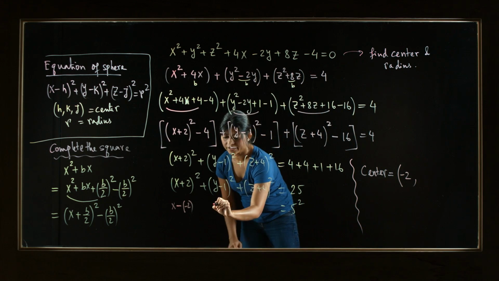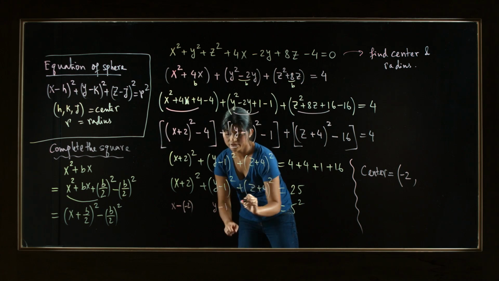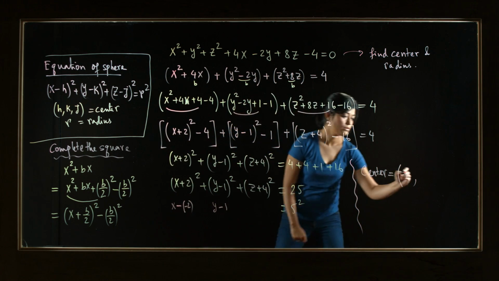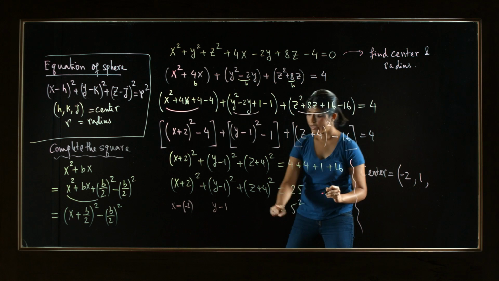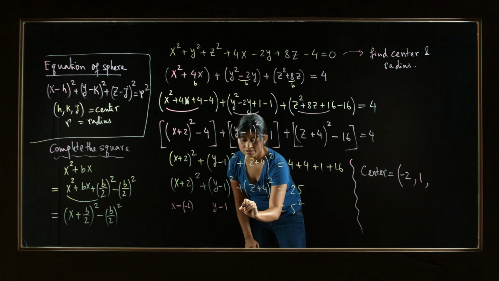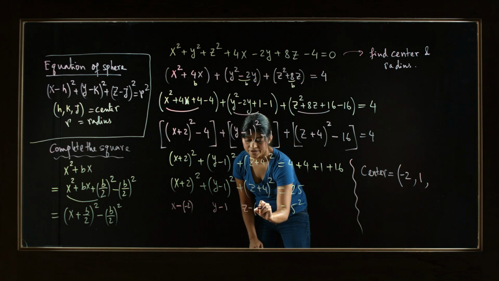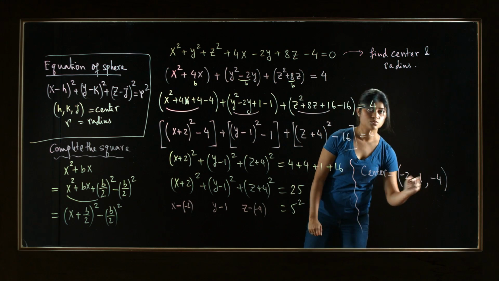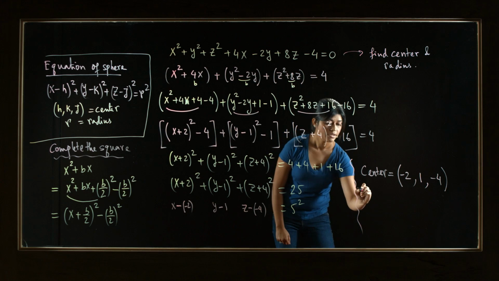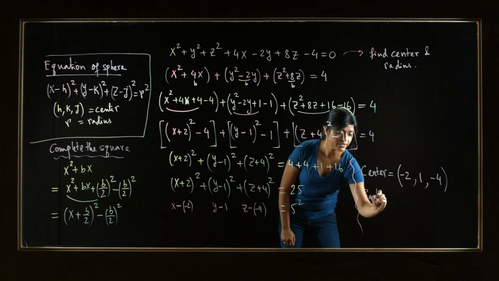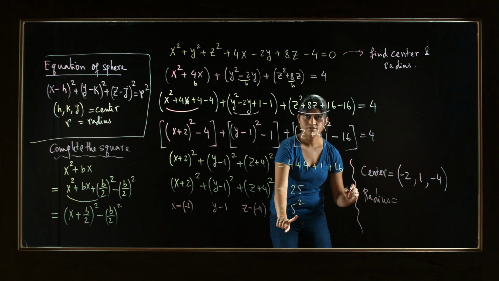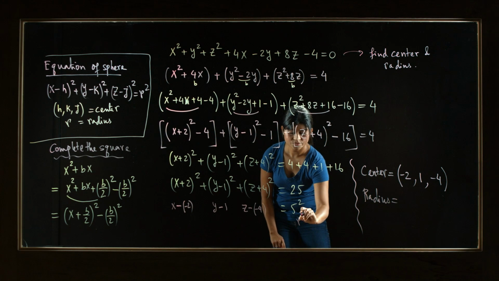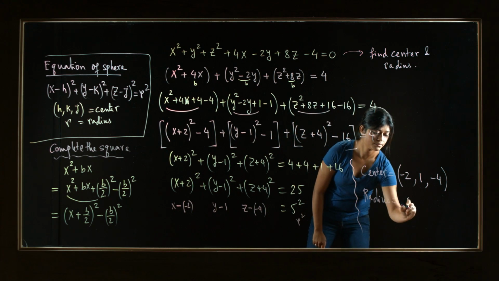Here we already have it as y minus 1. So 1 is k. And again, z plus 4 is written as z minus of negative 4. So negative 4 is the z coordinate. And the radius of the sphere is right here. This is r square. So r is 5.